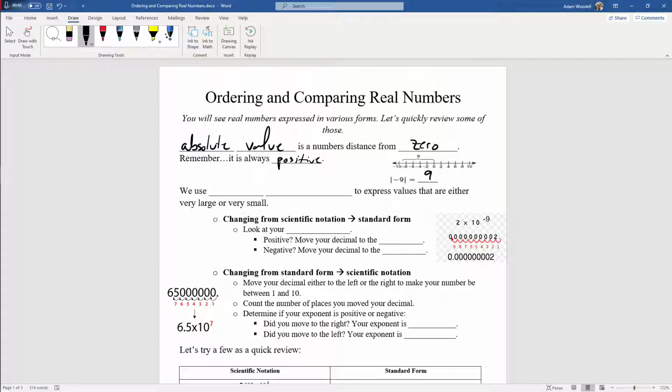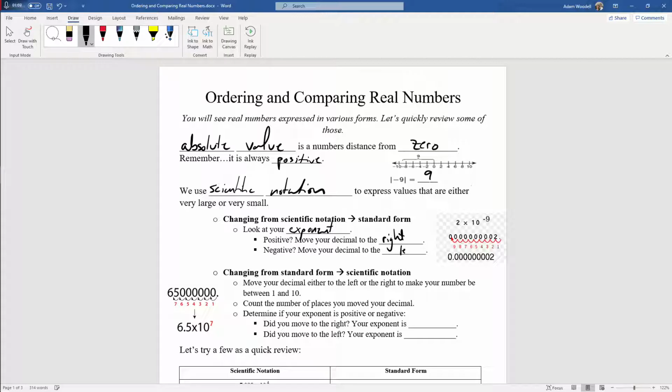Another thing we might see is scientific notation. Very useful for us to use scientific notation when we're talking about really big things or really small things. So when we're doing scientific notation, it's really important for you to look at your exponent. If your exponent is positive, you're going to move your decimal that many spaces to the right.